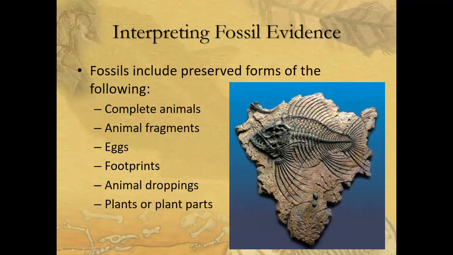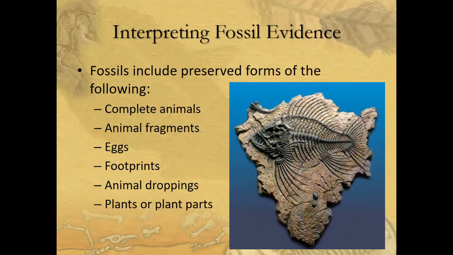We've found eggs, and in some cases, these eggs have been intact enough that we've actually been able to use MRI and CT scans to determine what type of dinosaur produced those eggs. It's pretty spectacular. Dinosaur footprints. We've seen animal droppings, something called a coprolite. These are fossilized animal droppings, and plenty of parts of plants or plants as a whole.